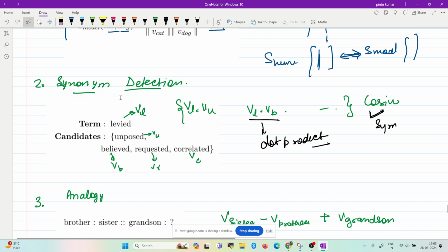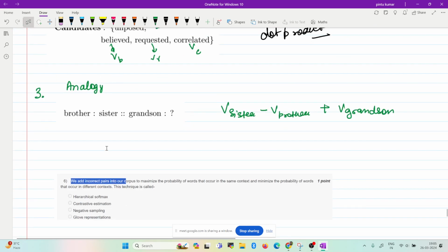Okay, the last task is something known as analogy. I'll make a comment here, though I won't provide any proof. Analogy is like: the way a brother is related to a sister, what is a grandson related to? So you can find that word by this method. You take the vector of your sister and subtract it from the vector of brother. Let's say this is the vector of sister, this is the vector of brother.